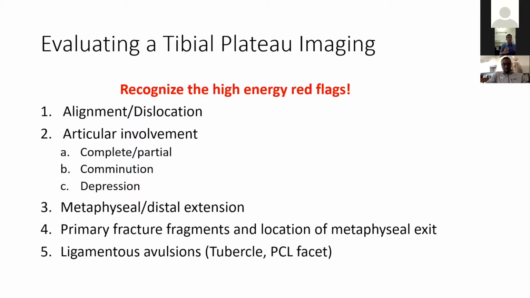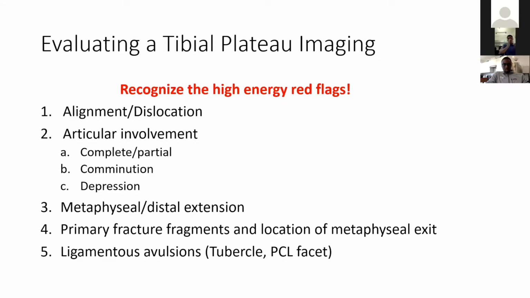Ligamentous avulsion is more of an advanced thing, and we're not going to really talk about it today, but there's a spectrum of tibial plateau injuries. At one end of the spectrum, you have a total knee dislocation with no fracture. Then as you have more bony contact as the femur exits the tibia, you're going to get more fracture. You start seeing rim fractures, and then larger chunks come off with the femur.